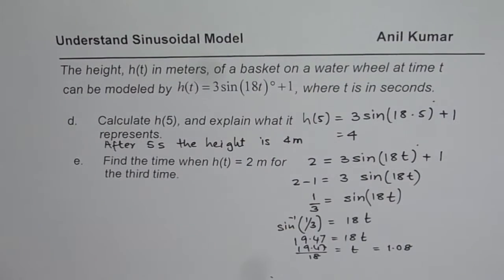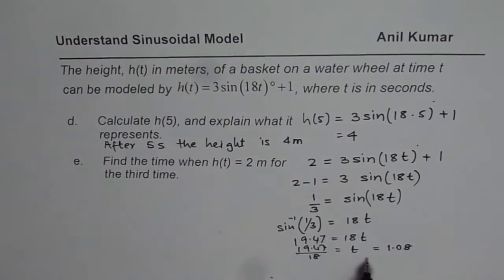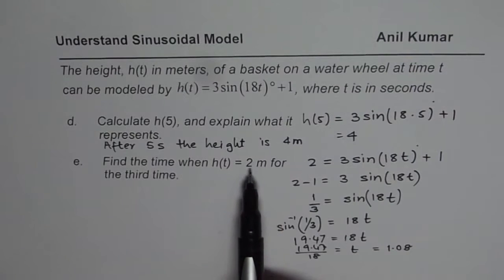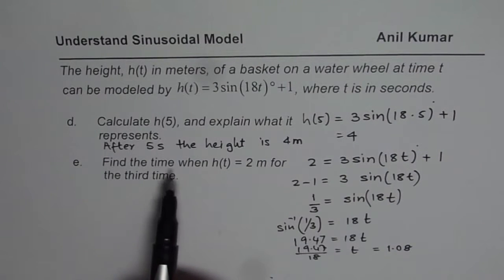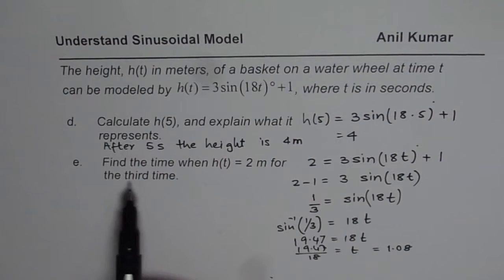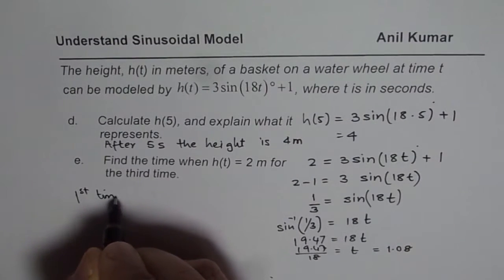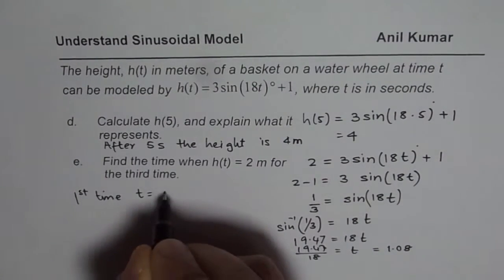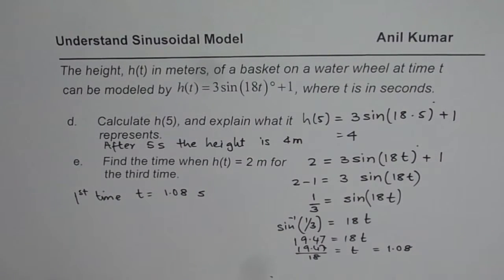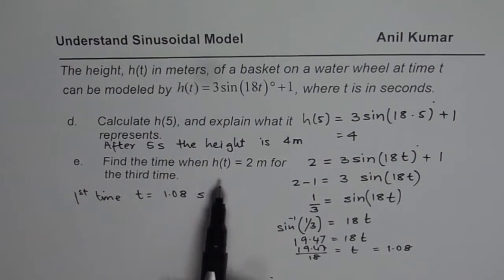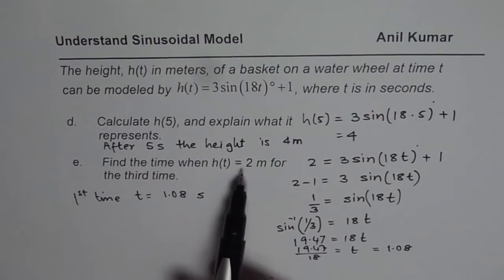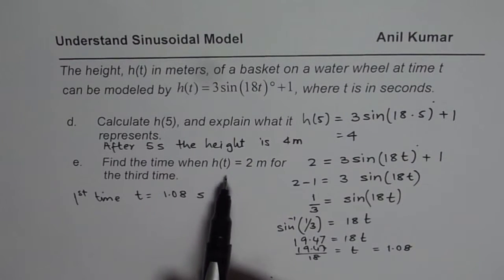Now it is important to understand that this represents the first time when the height of this basket will be at the height of 2 meters. So the question here is find the time when height is 2 meters for the third time, correct? For the third time. So for the first time, time is 1.08 seconds.